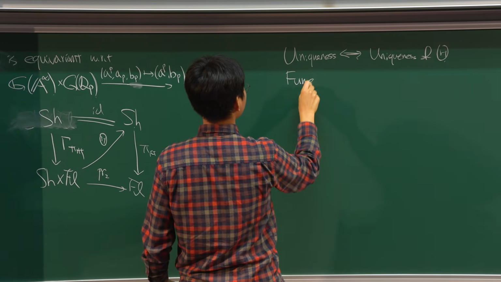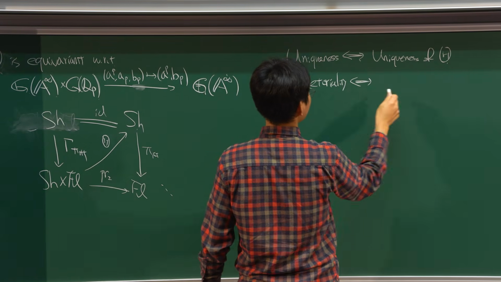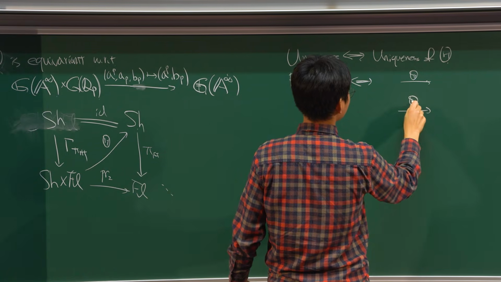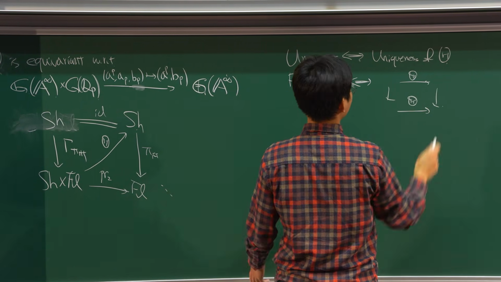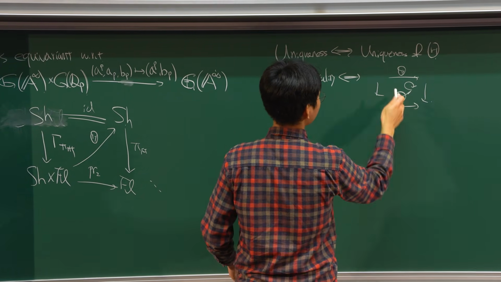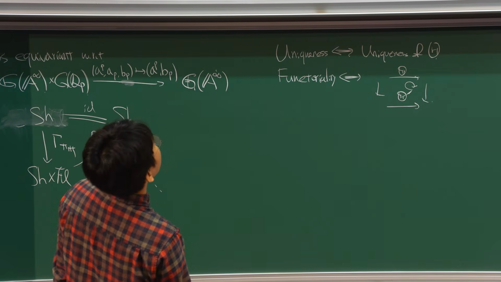Functoriality is equivalent to some diagram commuting, where this is theta and this is theta prime. And what else is there?